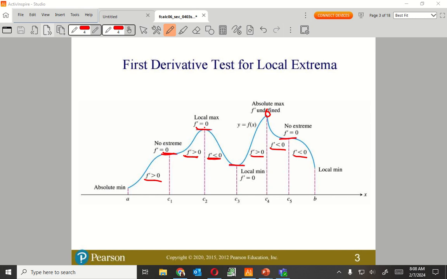So just by using the first derivative test, you should be able to graph what your function should look like. So you could use your notes on your test, so hopefully you guys will be like, oh yeah, I could use that.